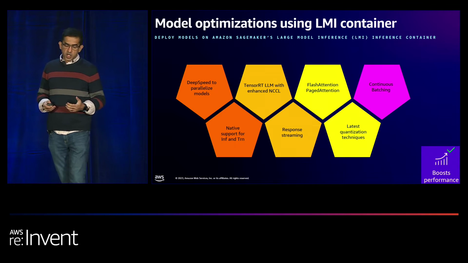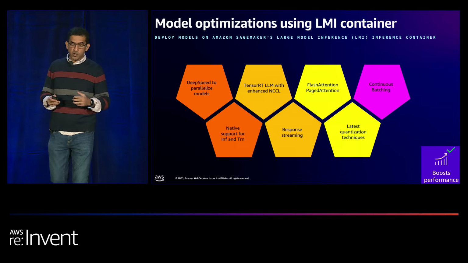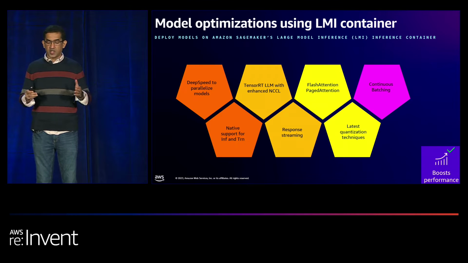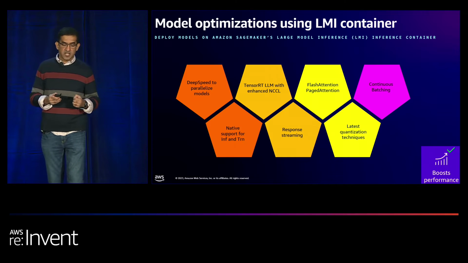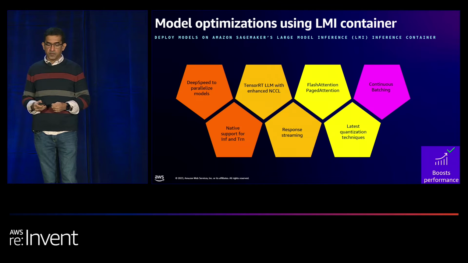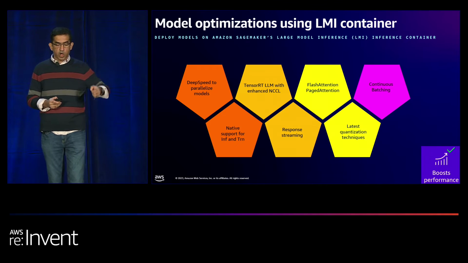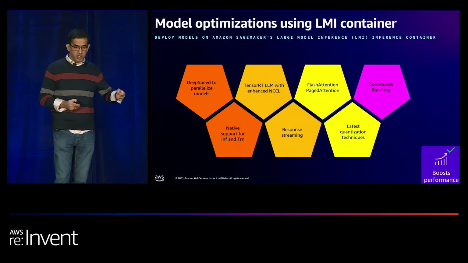Often, foundation models are too large to fit onto a single accelerator or a single GPU on an instance. As a result, you may not be able to deploy a very large model onto a single accelerator. Even for models that somehow barely fit into an accelerator, you will find it difficult to achieve low inference latency at scale. So you have to split the model into parallel shards and implement the inference across multiple accelerators on the instance.